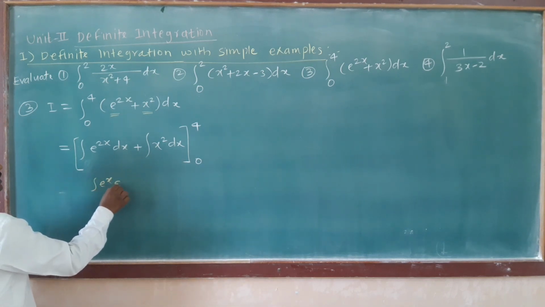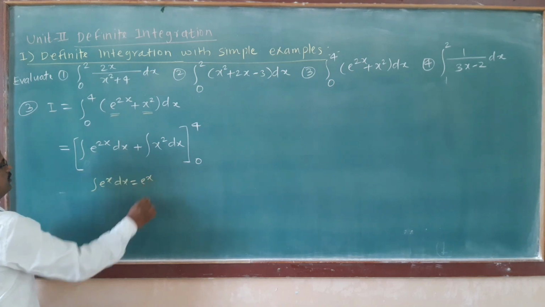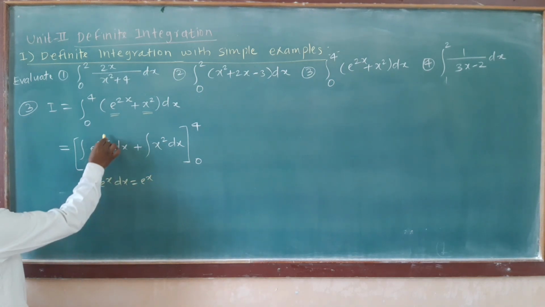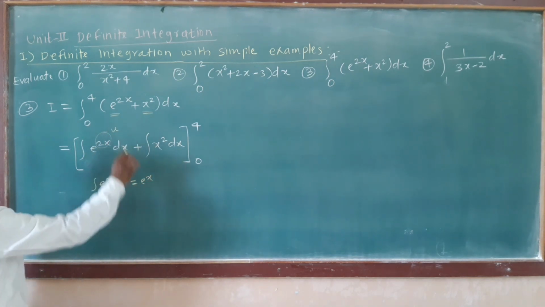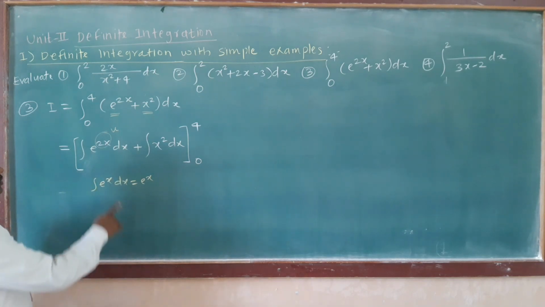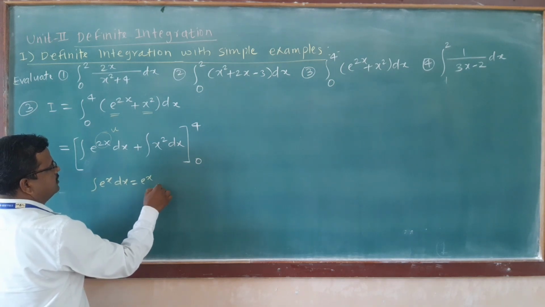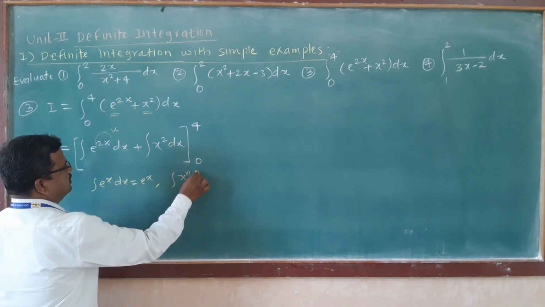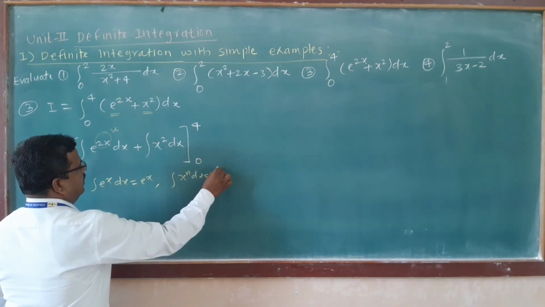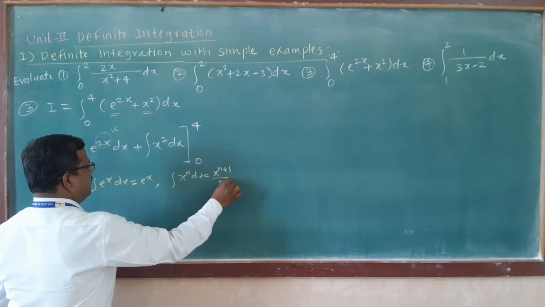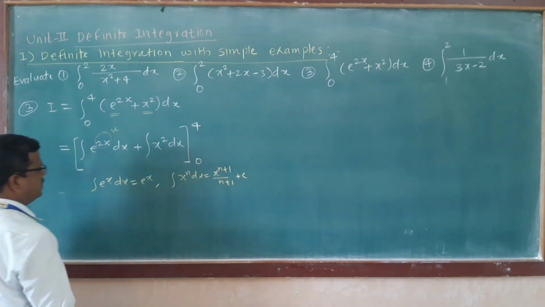That means e raised to x integration is e raised to x, but instead of x here is a 2x, we call this as u. So this is a composite function and this is a x square. Just we see integration of x raised to n dx is x raised to n plus 1 upon n plus 1 plus c.